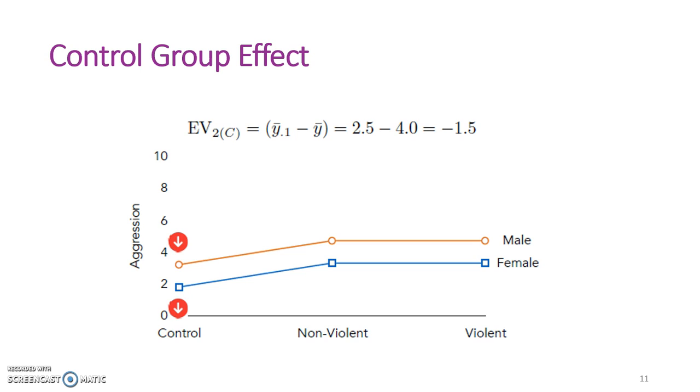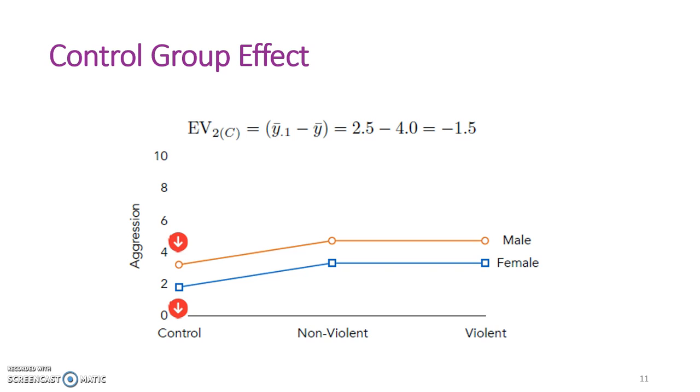So now let's take a look at how we might calculate the control group effect. We just calculated the female and the male group effect, and so now those lines are represented here. But now we can look at the control group effect, again ignoring gender.